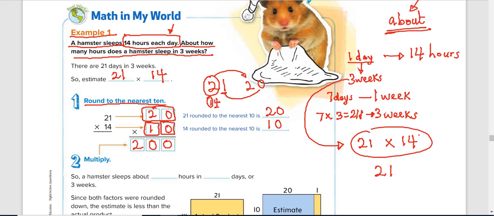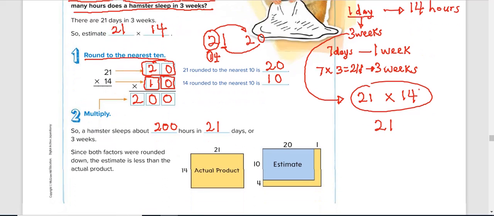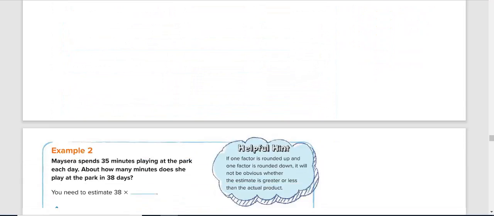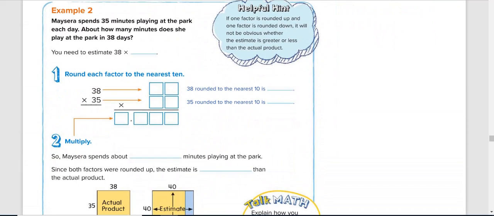And your estimate is therefore 200. So it's going to be about 200 hours in 21 days. Okay guys, so that's it. You have to remember how to round numbers, so that you can round quickly.